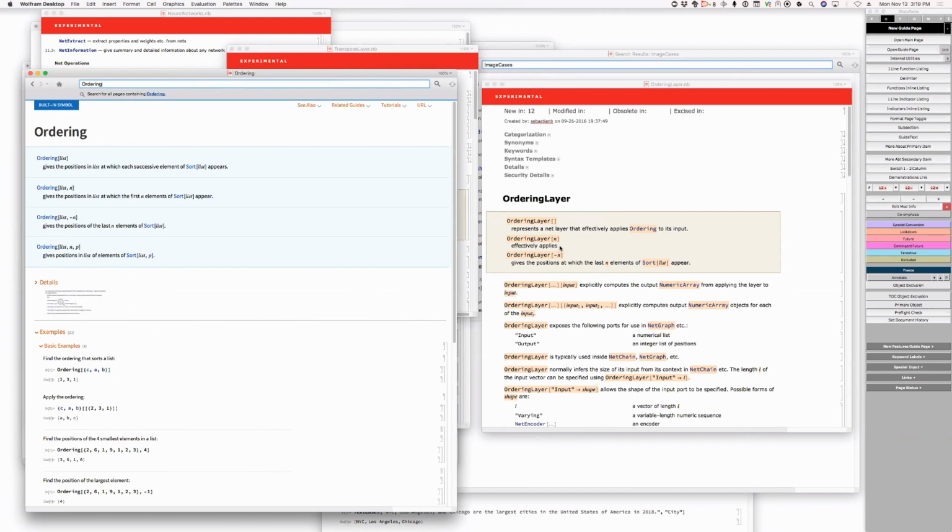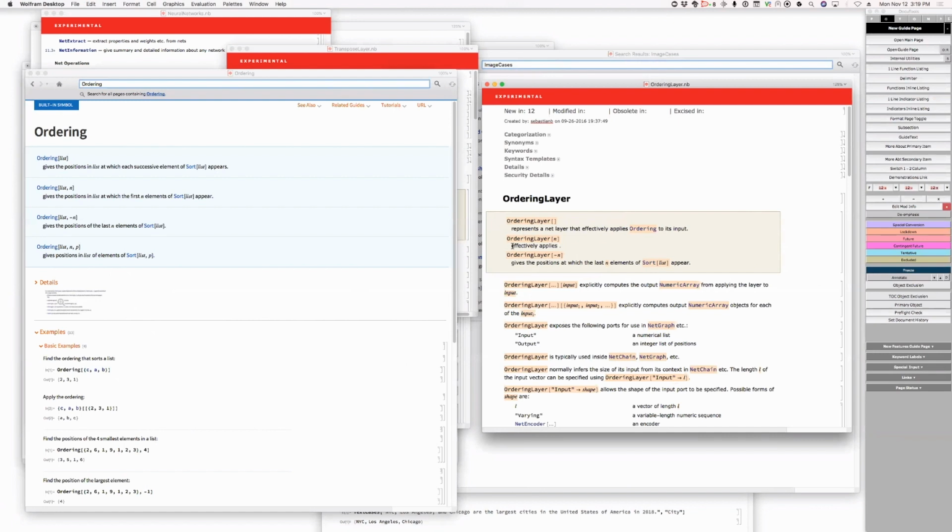Effectively, well, it just gives the first n elements, doesn't it? Yeah, the smallest n, the positions of the smallest n elements, essentially. Same as saying applies ordering hash n, right?